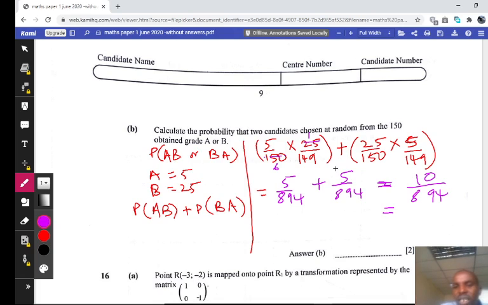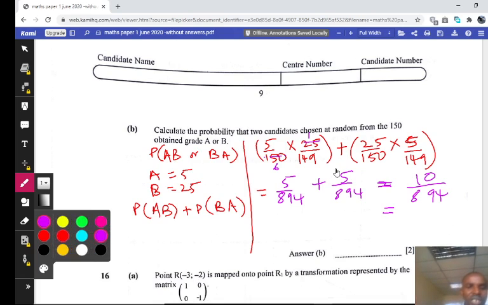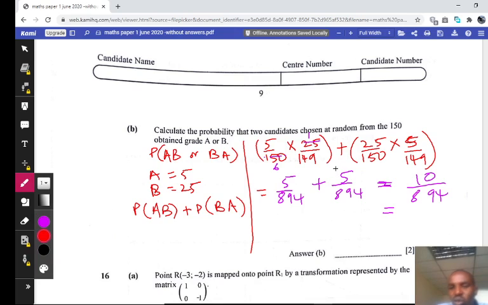By 2 it will be 5 over, by 2 here it will be 4, by 2, 4 remainder 1, 7. So it will be 5 over 447.